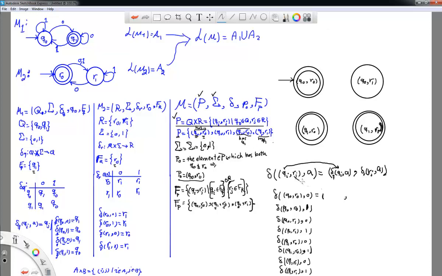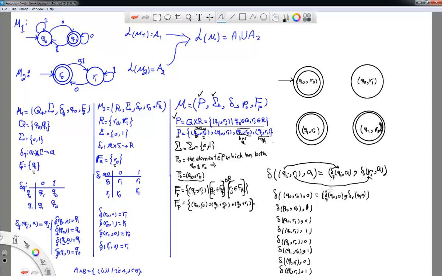So this R sub j goes to the second element right here. So then according to this calculation, it's a pair of states like this, in which the first one is the delta Q for Q sub 0 and 0, my symbol, and then the second is the delta of the second machine R for R sub 0 and 0.